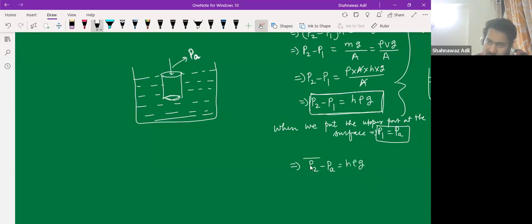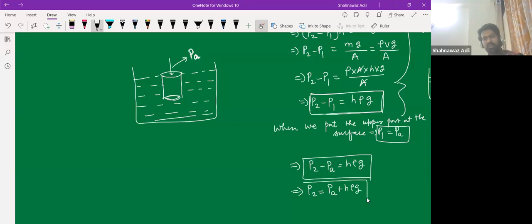This is how the pressure varies with the depth. So if I calculate P2, this would be equal to PA plus h rho g. So this would be the value.